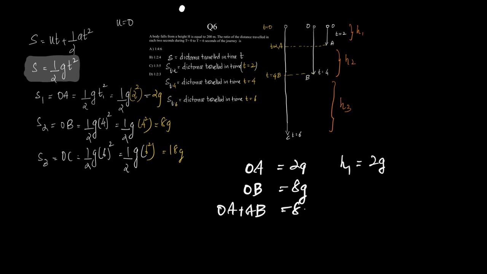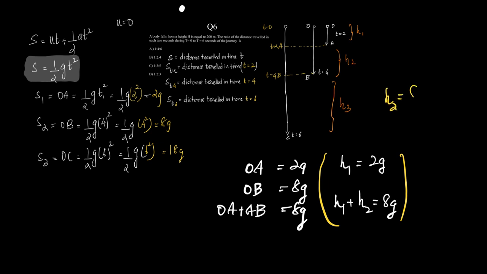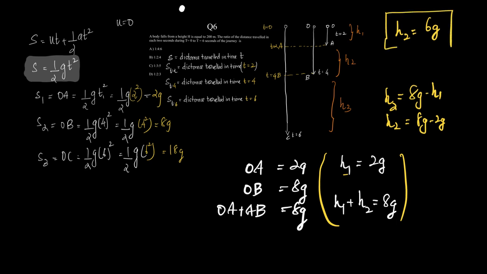So if OA plus AB is equal to 8g, we can write that H1 plus H2 is equal to 8g. Now, using these two equations, what is H2 equal to? H2 is equal to 8g minus H1. What is H1? H1 is equal to 2g. So H2 is equal to 8g minus 2g, and therefore H2 is equal to 6g, right?